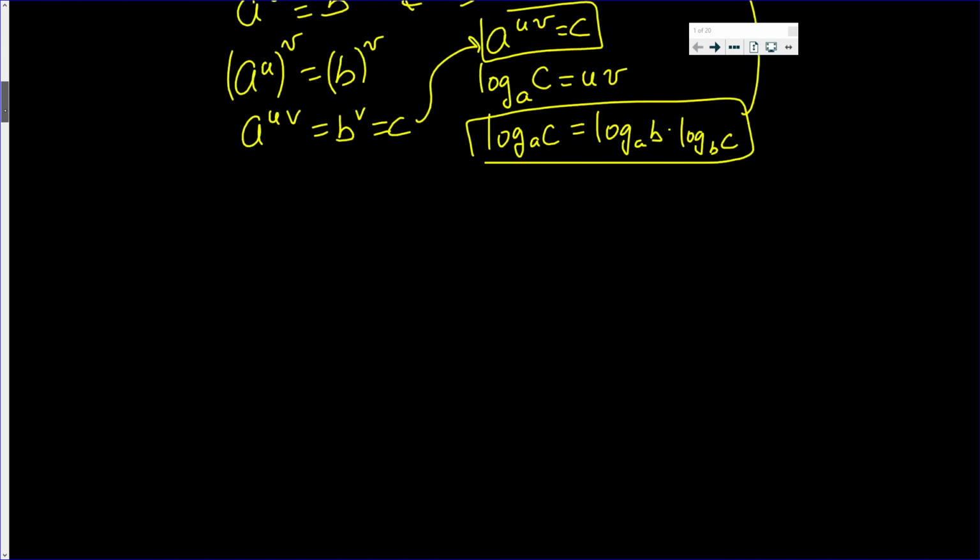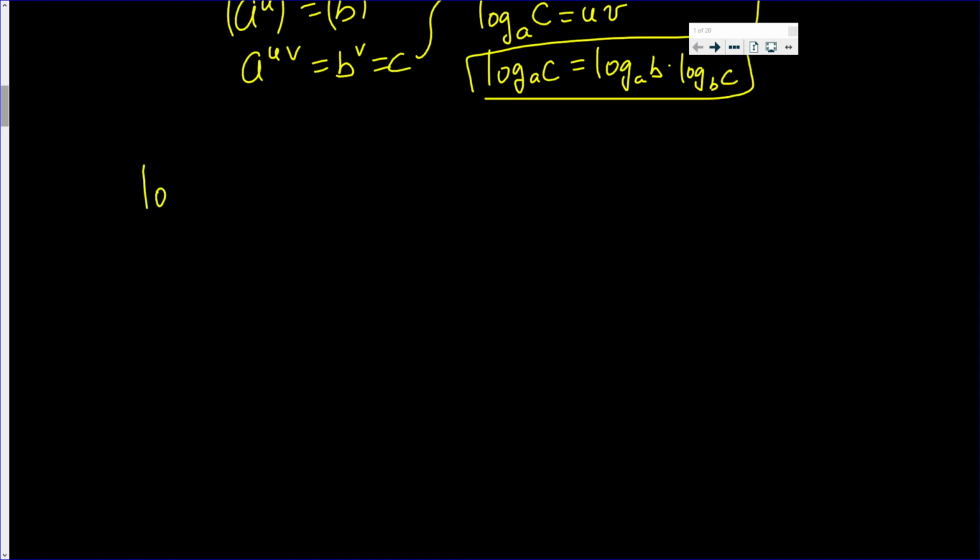So let us look at this from a different viewpoint. Log base a of b times log base b of c, excuse me, is equal to log base a of c.